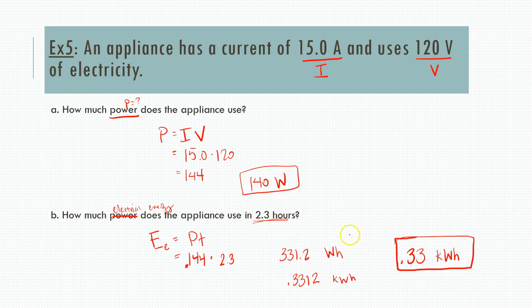Or I can put in that the units will count watt hours or kilowatt hours, but then that would allow you to mix and match. So if you said 0.33 watt hours, that's wrong. It's 0.33 kilowatt hours. And the only way that I can tie them together is just to limit the answer choices. So I want you to use kilowatt hours. It's just going to have to be the way we operate in order to be on the same page.